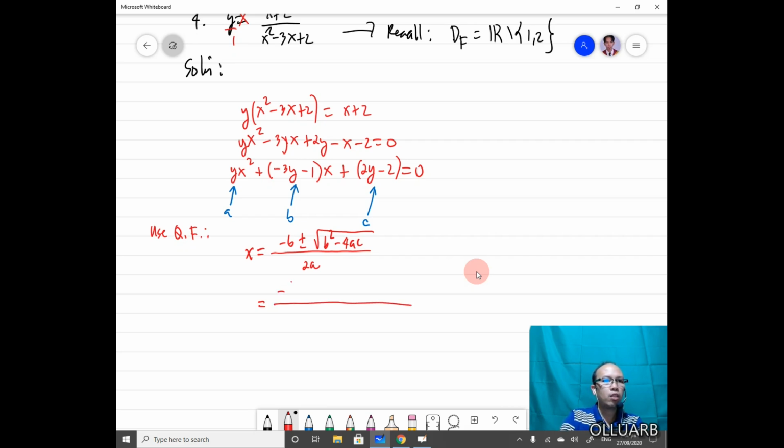Our B is negative 3y minus 1, plus or minus the square root of (negative 3y minus 1) squared minus 4 times A, which is y, times C, which is 2y minus 2, over 2 times A, which is y.